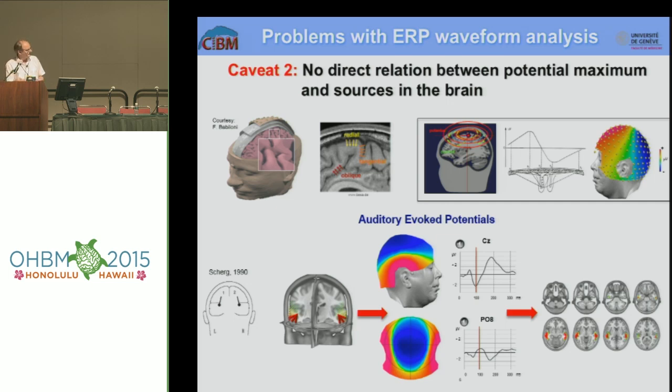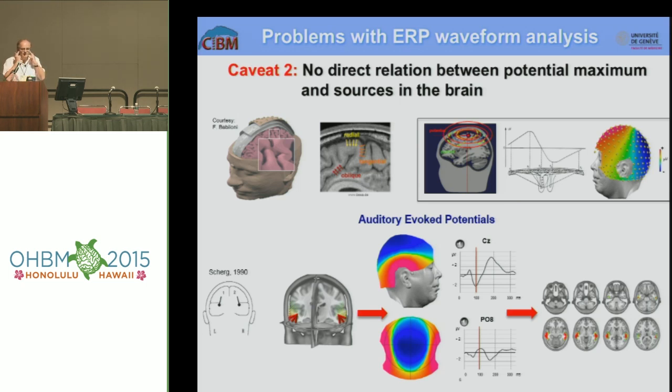You see here the map topography that comes up at around 100 milliseconds because of the orientation of the dipoles in the auditory cortex pointing to the vertex of the brain, making an electric field that is maximal negativity in this case on the CZ electrode. But of course the source was not up here on the vertex.